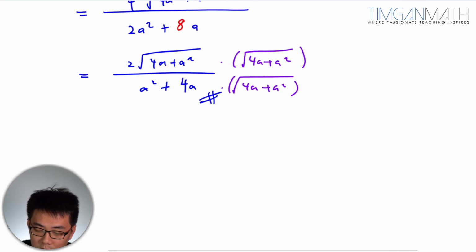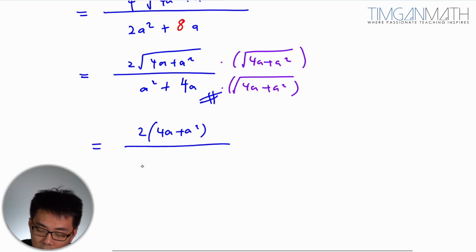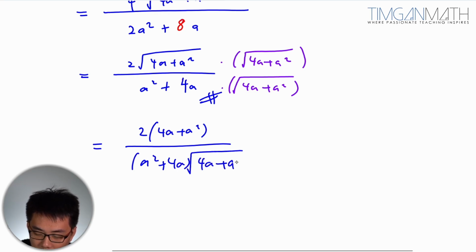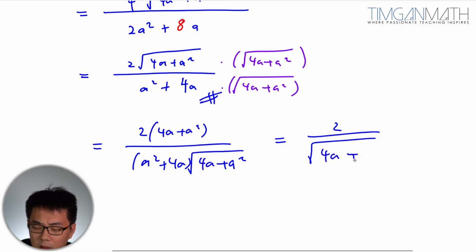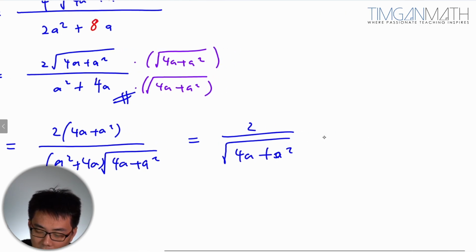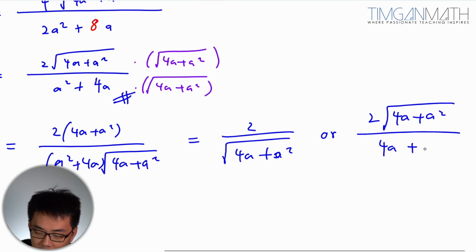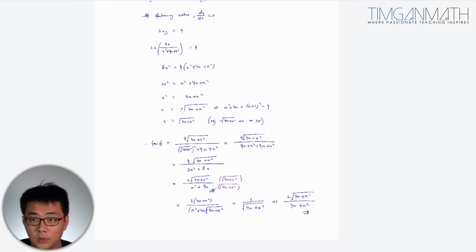When you multiply top and bottom, you would get 2 times the square root of 4a plus a squared, over a squared plus 4a. You could simplify it like this, but I don't think you need to. What I'm saying is you can leave it like this or like that. It's fine. So that's how you do this part here.